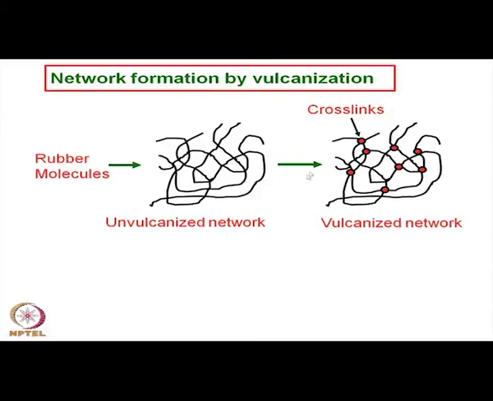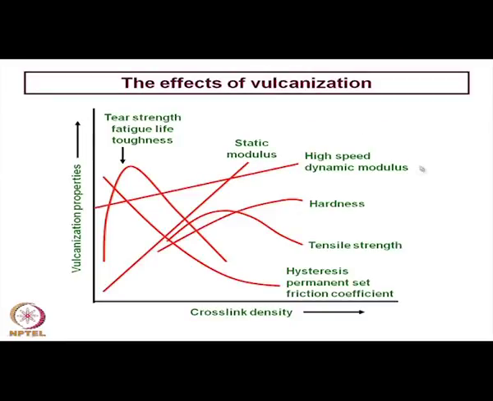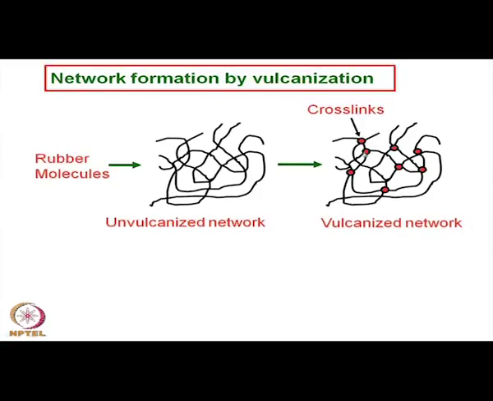The rubber molecules are interlinked through sulfur, as I showed you the mechanism in the previous 2-3 slides. So, these red dots are actually the cross link or vulcanization points or nodal points, where the sulfur has interlinked two rubber molecules. So, these are sulfur cross link sites.